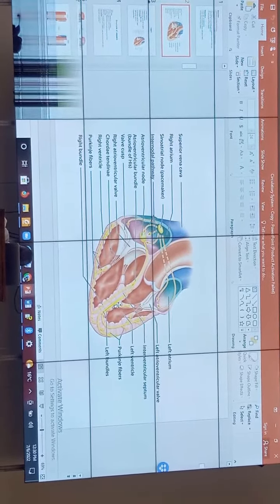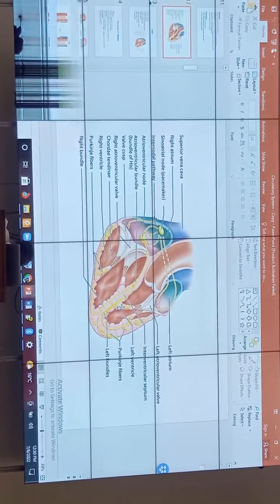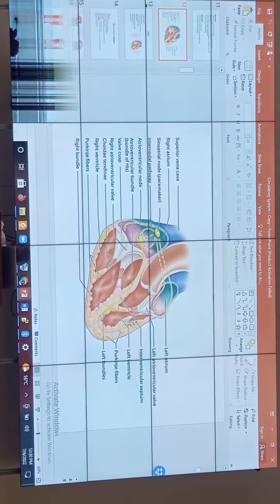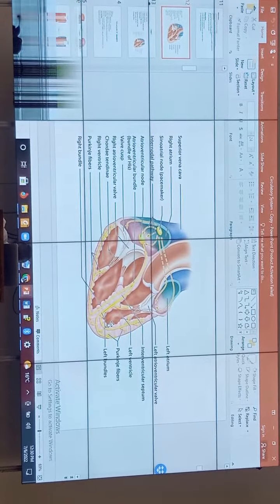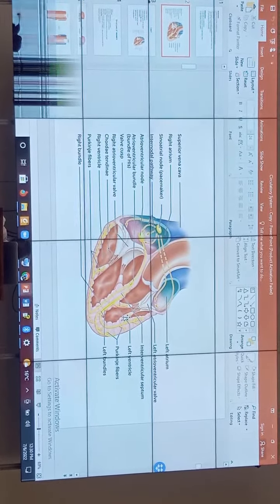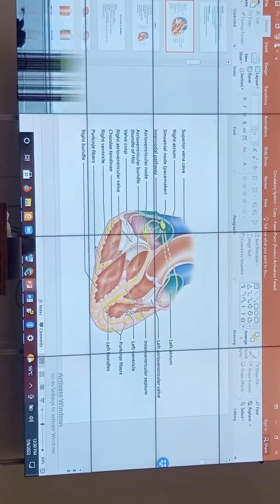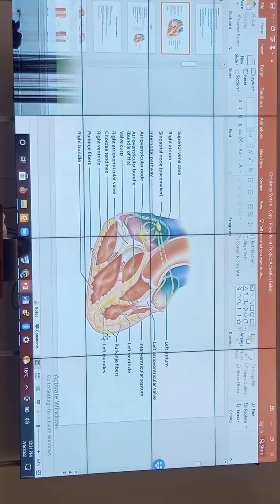And this has nicely showed us the source of their impulses. Is that clear? So the end points of this conducting system that are now directly taking impulses to the heart walls, or muscles, sorry, are called the Purkinje fibers.